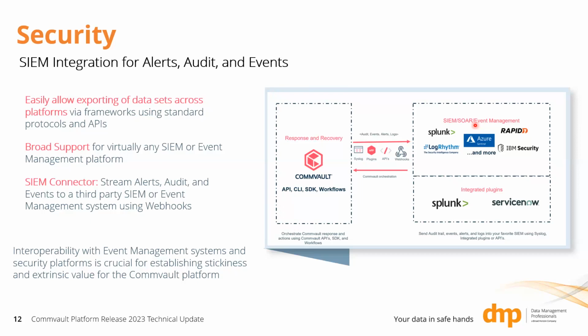So within your Commvault environment you can configure connectors like webhooks or APIs to put that security information and event management into the systems those persons are used to working with. Commvault thinks that integration is really important to make sure that your environment is monitored as it should be.